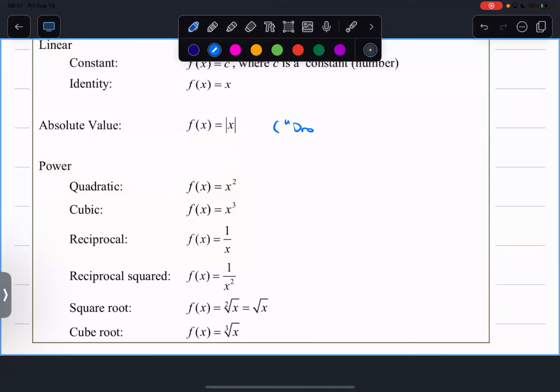It is a little bit more sophisticated than just dropping the negative, but just to remember, for now, it just drops the negative. It is a piecewise function that we have not seen yet.